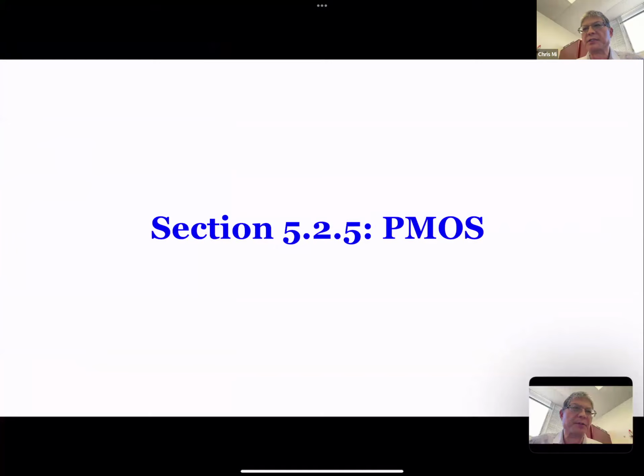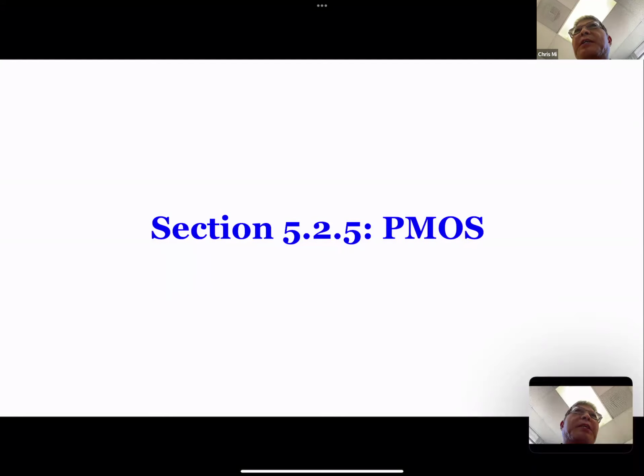So this is our third lecture on MOSFETs, and today we're going to talk about PMOS. But before we get into PMOS, I just want to review a little bit what we have done in the last two lectures. We have done the MOSFET structure and characteristics, and we also have studied the current-voltage characteristics.